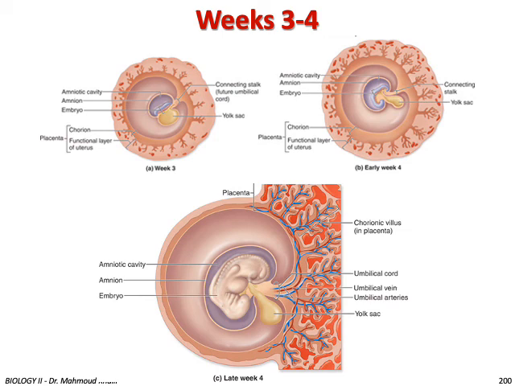Now the embryo at week 4 is very obviously attached to the wall of the uterus through the umbilical cord, which contains the umbilical vein and umbilical arteries. And you can see the yolk sac, which is used to feed the embryo. And now the embryo is covered by the amnion, which encloses the embryo in the amniotic cavity.